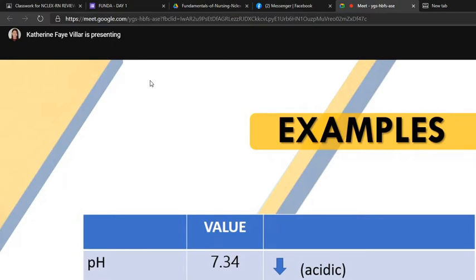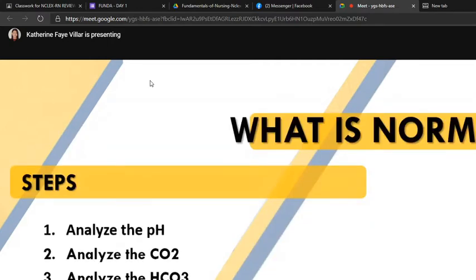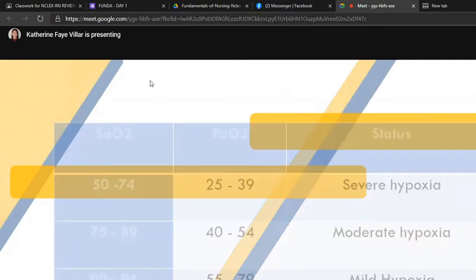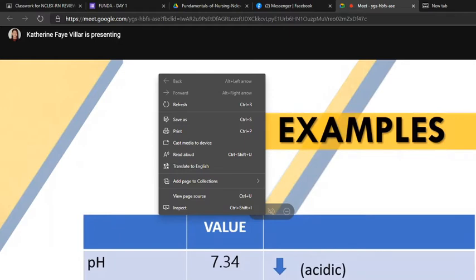So, HCO3, 22 to 26. Yeah, so that's normal. So, what is our reading here? Diba? Ang first step natin kanina na na-mention ko is to analyze the pH, analyze the carbon dioxide, bicarbonate, and ima-match mo siya sa pH.